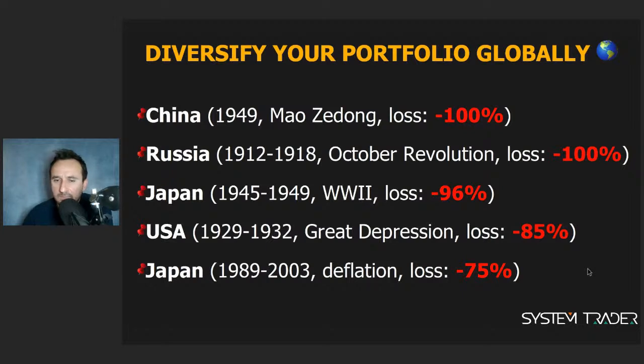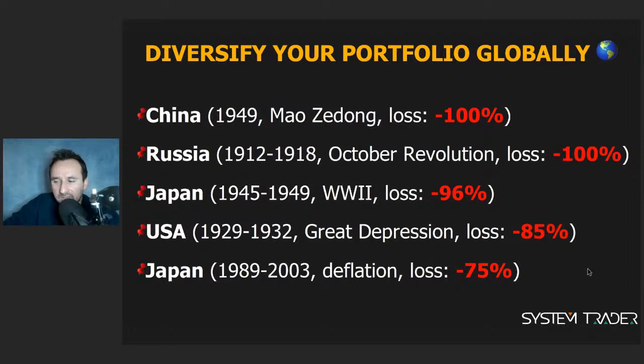During the Great Depression in the United States, during 1929 to 1932, the markets went down by 85%. And Japan, again, in 1989, there was the end of a bubble and the problem with deflation, and the markets went down by 75%.